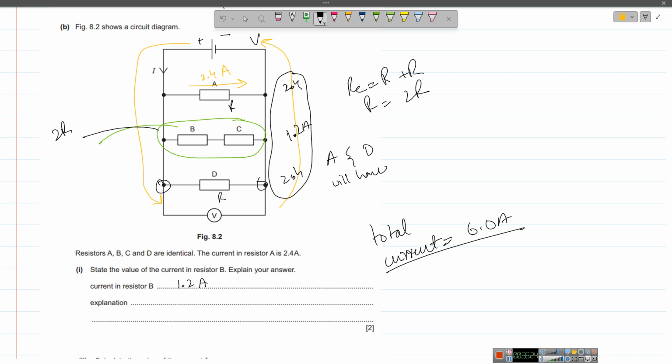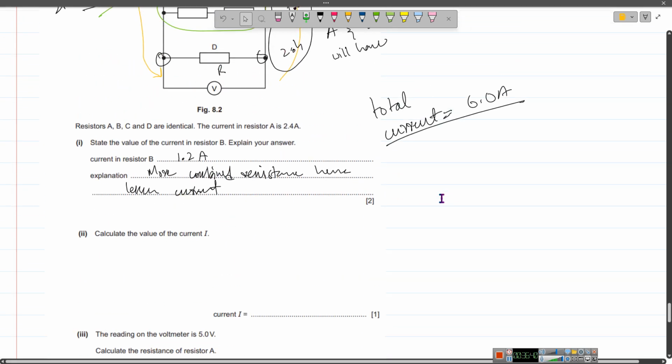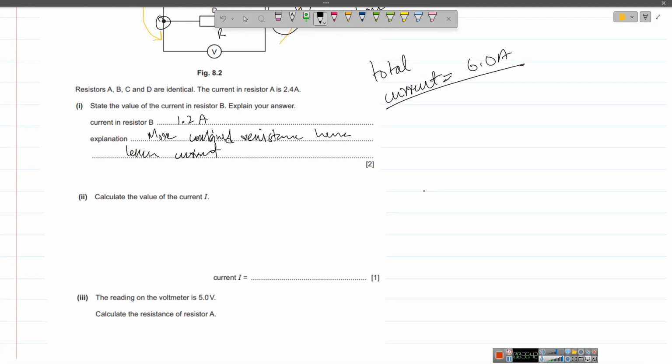So explanation: more combined resistance, hence lesser current, right? Calculate the value of the current I, and that is going to be the sum of this, 2.4 plus 1.2 plus 2.4, that is 6.0 amperes, right? We already calculated that. Okay.